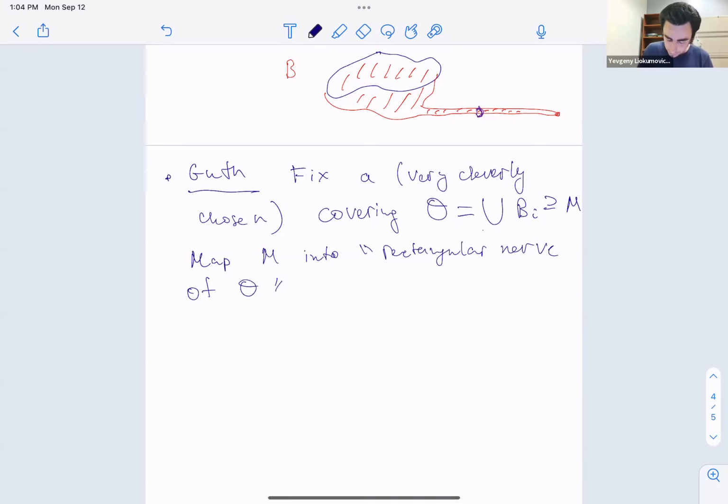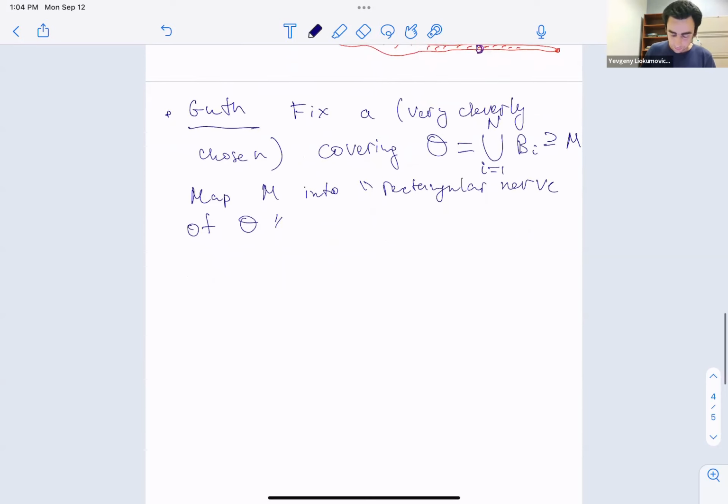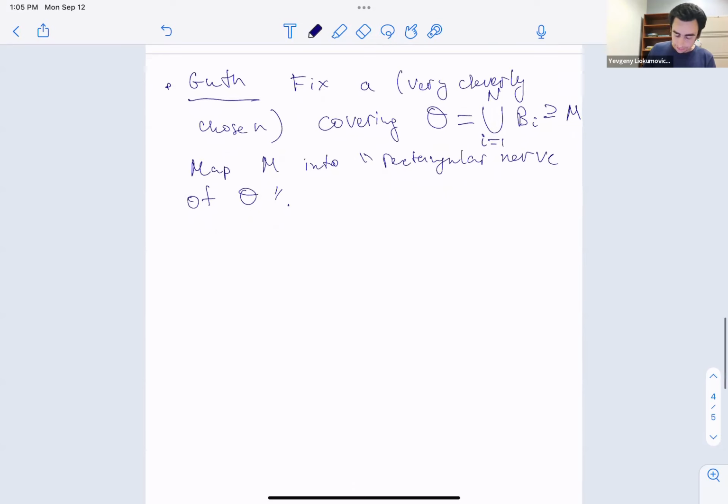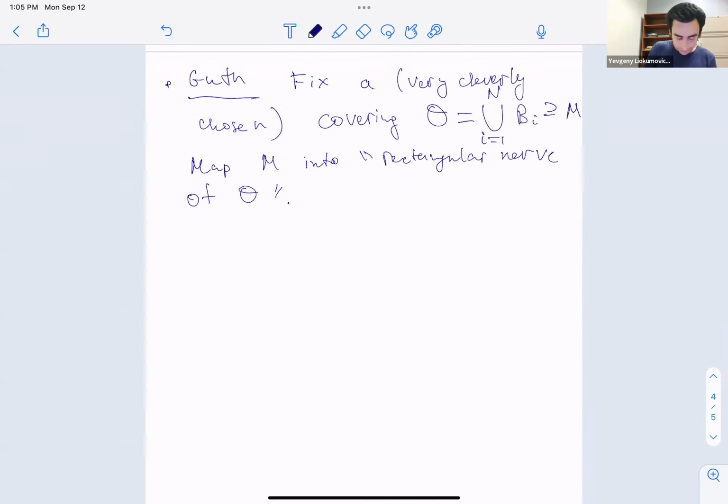So here we have a covering by balls B_1 to B_n, and then we will define a product space where each side is the length of the radius of the ball B_i, and we will define functions phi_i of x.